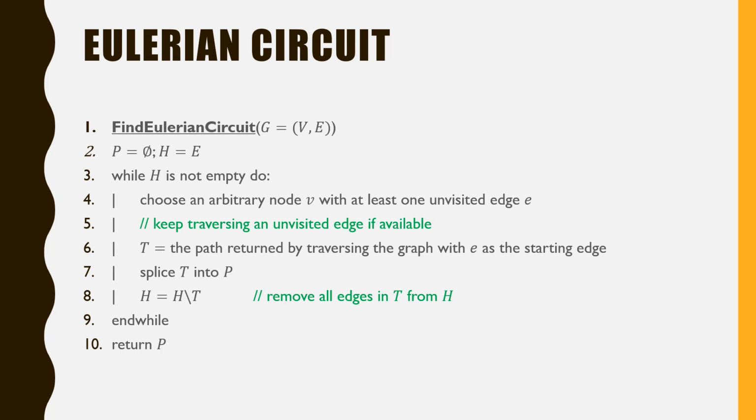In line 6, we start a traversal of the graph by leaving node V using edge E. This traversal will eventually return to V, forming a cycle, which we record as T. In line 7, we splice the new cycle T into the partial Eulerian circuit P. In line 8, we remove all traversed edges in T from the unvisited edge set H. Finally, in line 10, once all edges have been visited, we return the complete Eulerian circuit P.